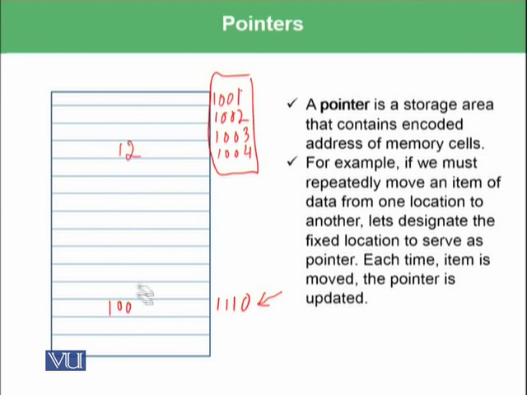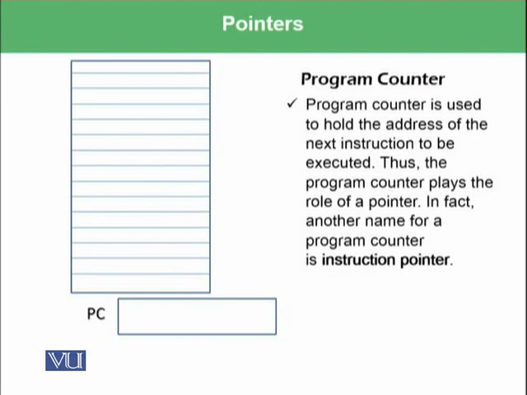So we will just update the address. Then we want to store it at 1001. We will write it here, 12, and this 1001 will come over here. So why we need pointers to store addresses, we will learn with different examples.